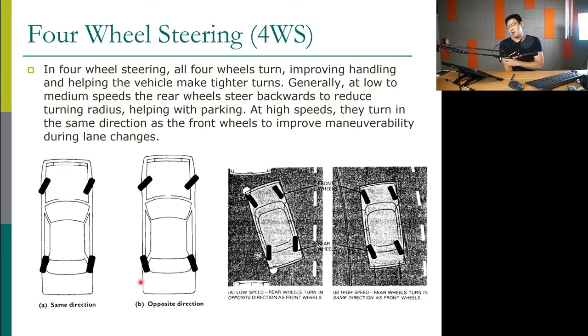This can improve the motion of the car. For example, for a normal car, we fix the rear wheels, right? We only turn the front wheel. So if we want to change the traffic lane, we have to turn the front wheels, and then the car has to rotate, right?